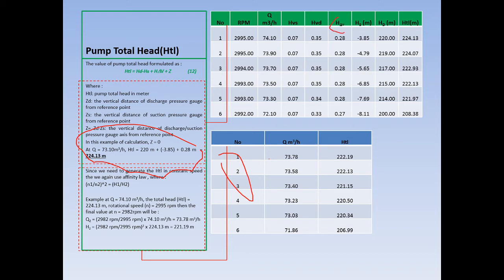This is the delta velocity head between suction and discharge, this is the discharge head, this is the suction head, and this is the total head.